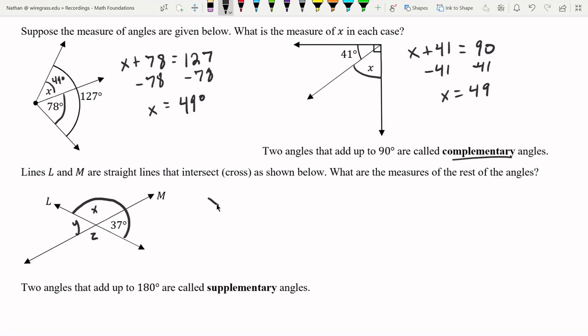So x plus 37 equals 180 degrees. I can just subtract 37 here, and I get 180 minus 37, which is 143. So x is 143 degrees. I'll replace that with 143.